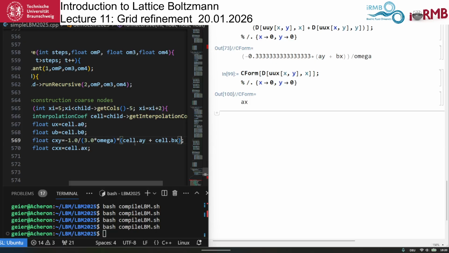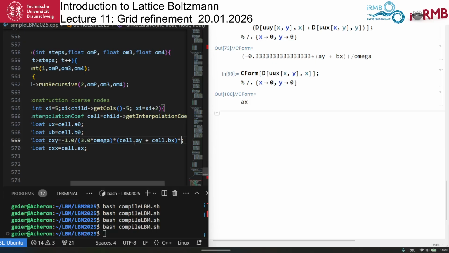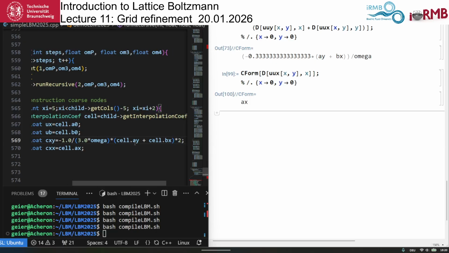You know what? That's still not all of it. Because we have taken this in the small scale coordinate system on the small cell. So here, one grid spacing is only half a grid spacing. That would mean that the gradients here scale with 2.